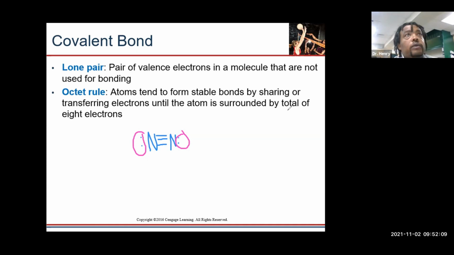Okay. So we're going to make it a little bit harder now. You guys are getting an idea of how to use Lewis dot structures. So what happens when we have something like carbon monoxide? How many valence electrons does carbon have? How many dots would it have?